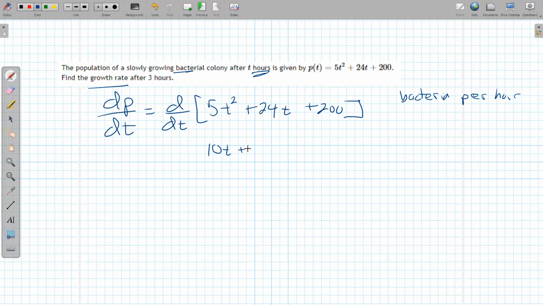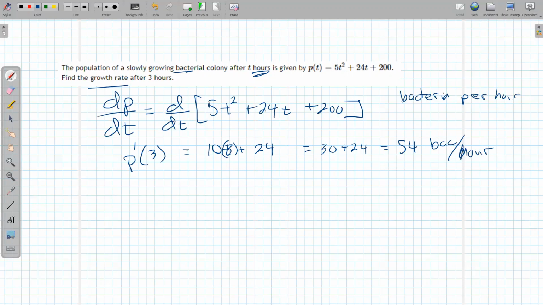Derivative of 24t is just simply 24, and the derivative of 200 is 0, so we just skip it. And then this I could call also p prime, and I want to know what is p prime at 3, and so I just replace the t with a 3, and so that's going to give me 30 plus 24 for my version, or 54. So 3 hours in, this is growing at 54 bacteria per hour.